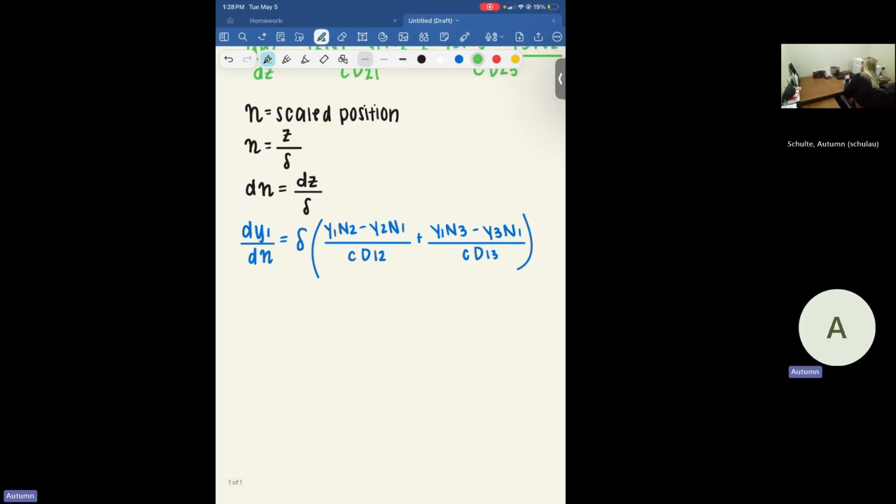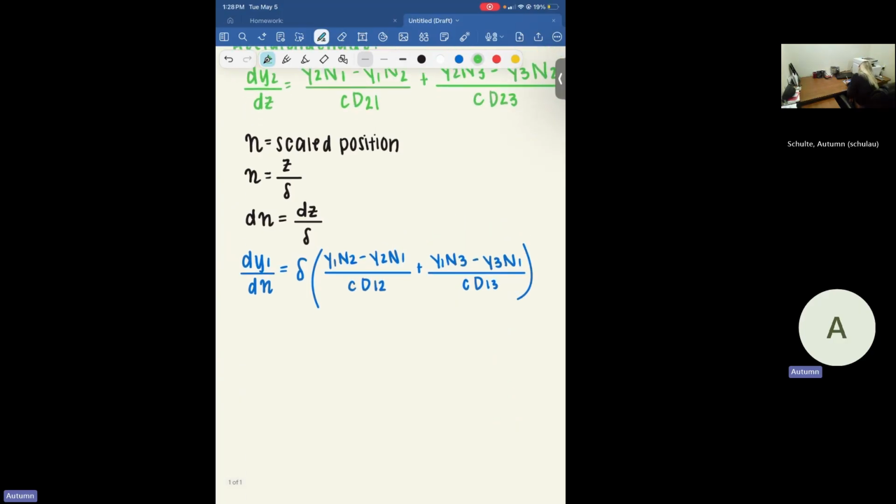Same idea is going to apply for our acetaldehyde. That's going to be the derivative of the mole fraction of acetaldehyde with respect now to our scaled position.